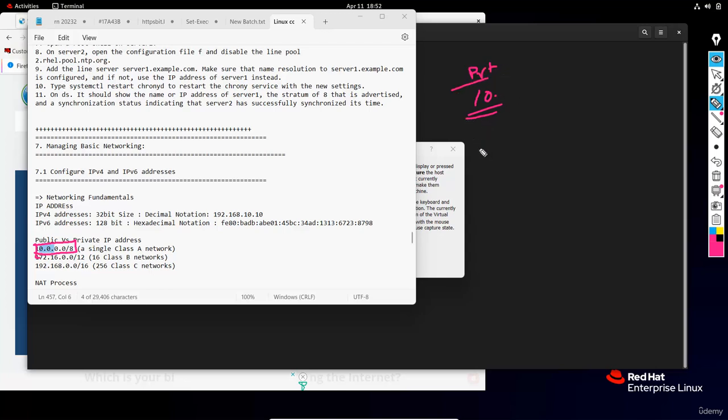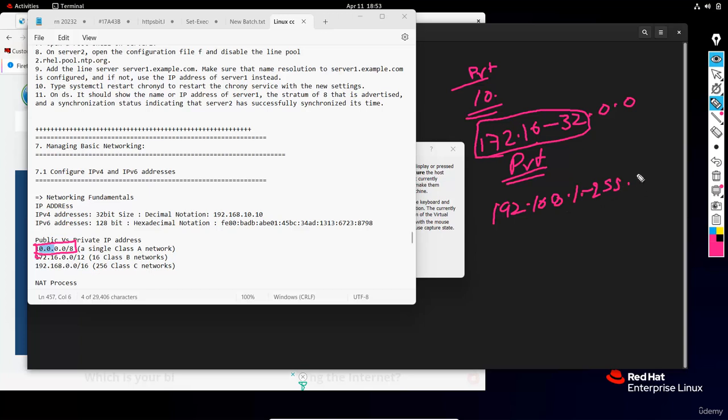Any IP address starting from 172.16 to 172.32 you will consider a private IP address, not available publicly. Another is 192.168.0.0 to 192.168.255.255. This is a private IP address.